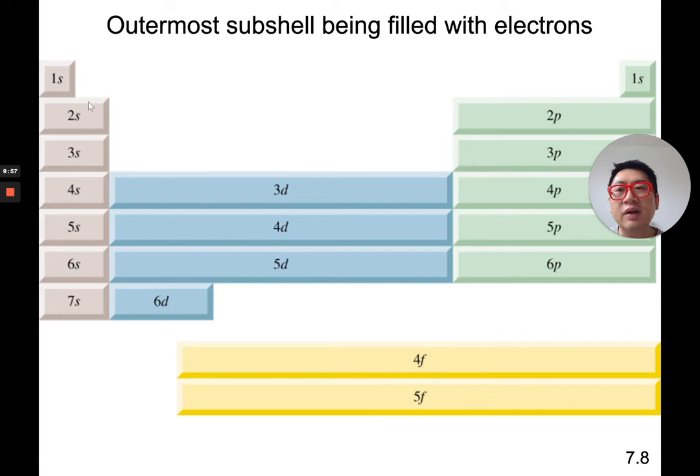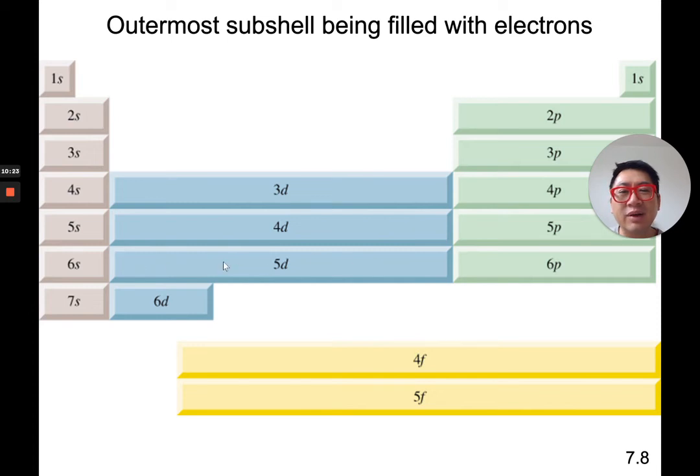It goes 1s followed by 2s, 2p, 3s, 3p, 4s, 3d, 4p, 5s, 4d, 5p, 6s. After 6s is actually not 5d, it's 4f. Because if you look, after this element here in the periodic table, it is lanthanum, which is down here.